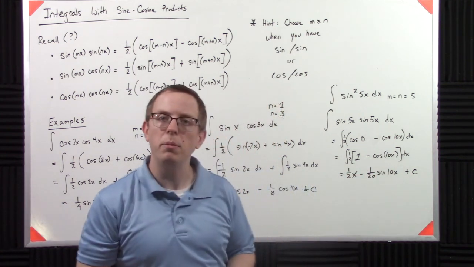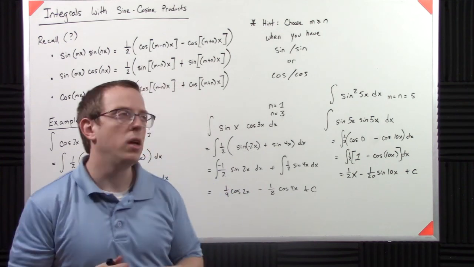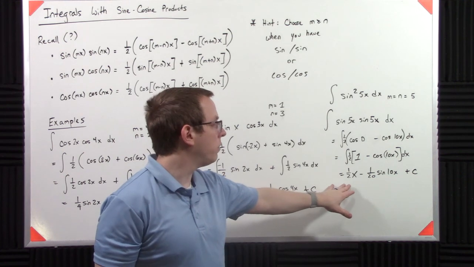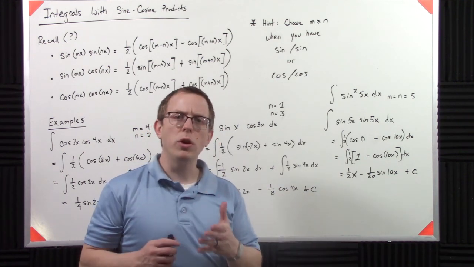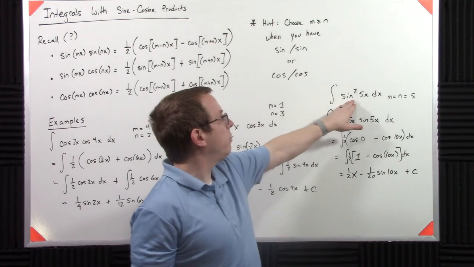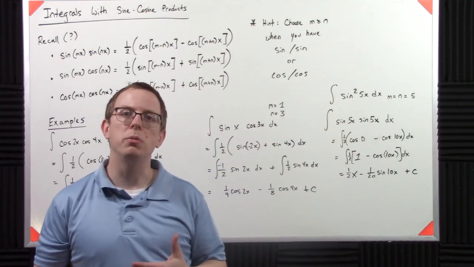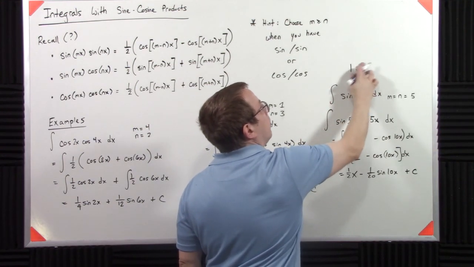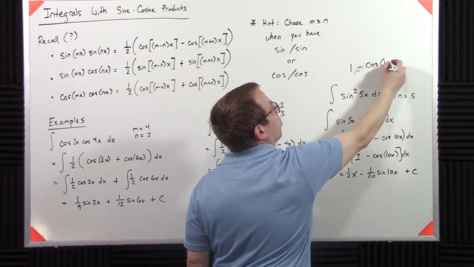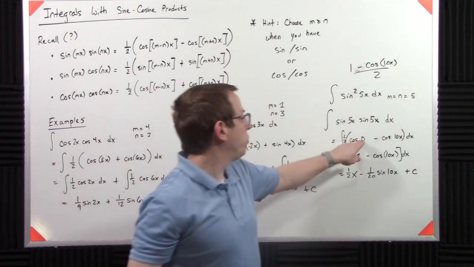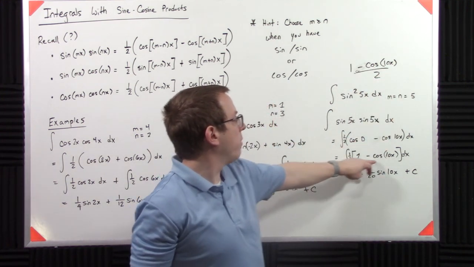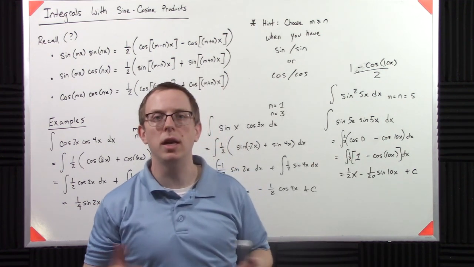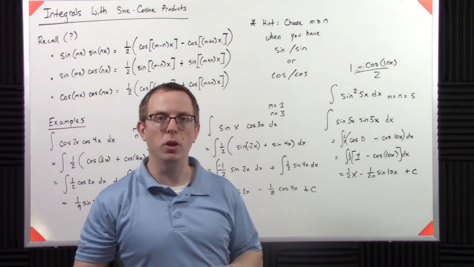What you want to do in this particular case is use that half angle identity, which is 1 minus cosine of double the argument, over 2, which of course is exactly what we get here. We get 1/2 times 1 minus cosine 10x. So it matches that angle reduction formula when they're equal to each other.